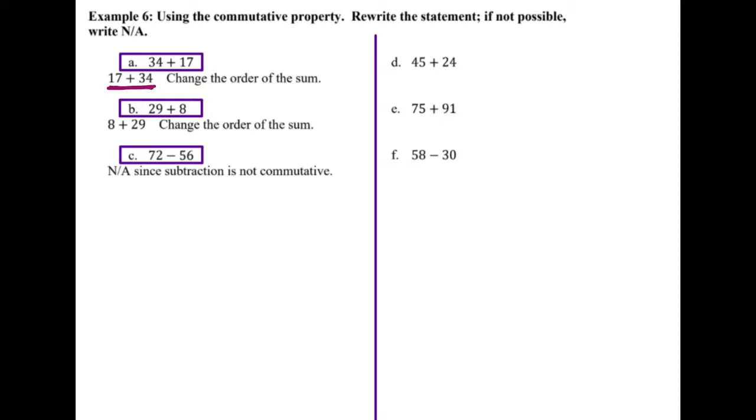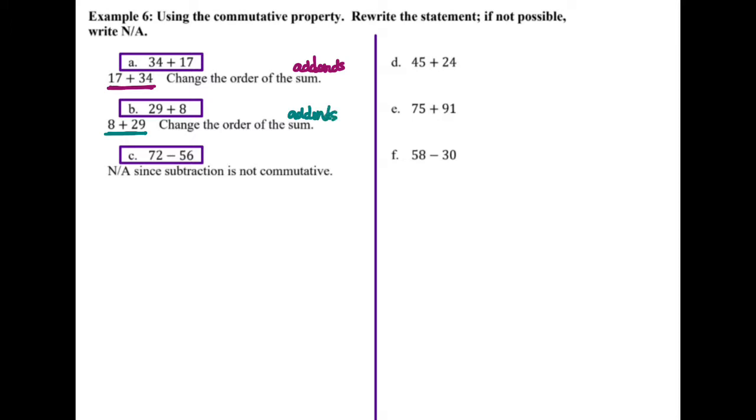You changed the order of the sum. I would say the add-ins. Yeah, the sum changed order, but to do that, you switched the add-ins, right? You switched the two numbers you're adding together. So 29 add 8 is now 8 plus 29. You change the order of the add-ins.